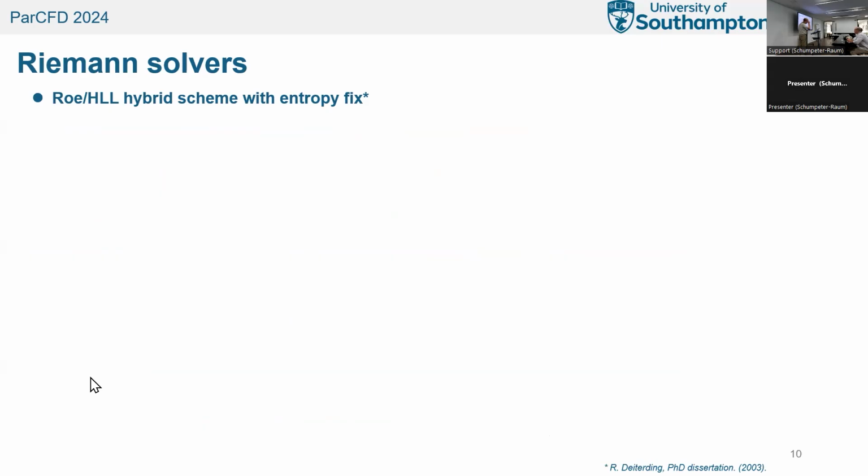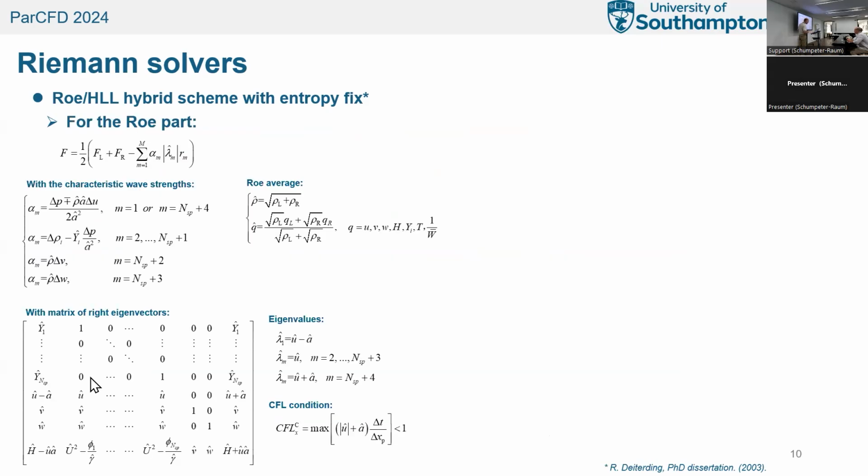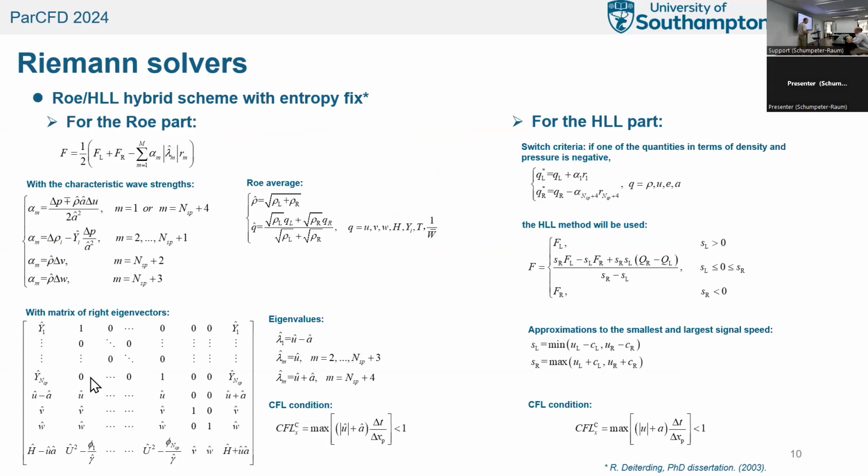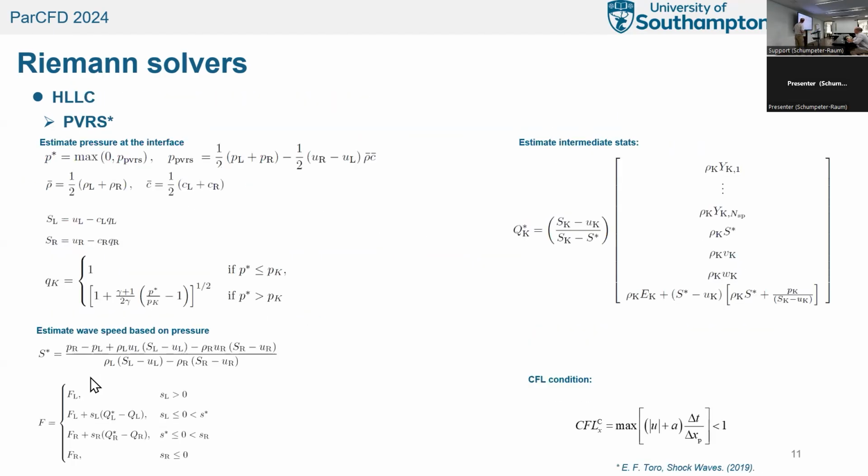For Riemann solvers, we have been using the Roe solver a lot, a Roe solver for thermally perfect gases. We combine it typically with an HLL solver in case this solver goes negative. However, for these RDE computations, particularly because we are dealing with a non-premixed situation, we have been primarily using the HLLC solver, which is HLL with a restored contact discontinuity.